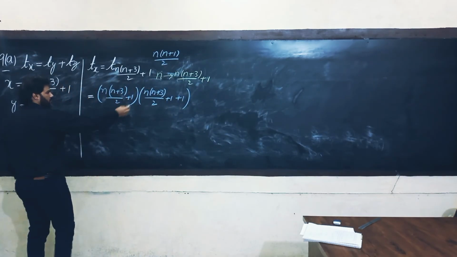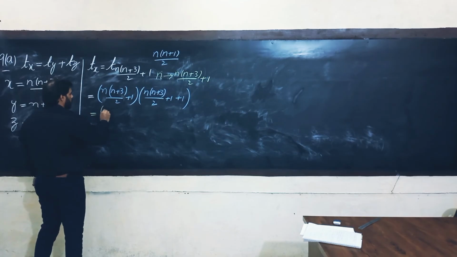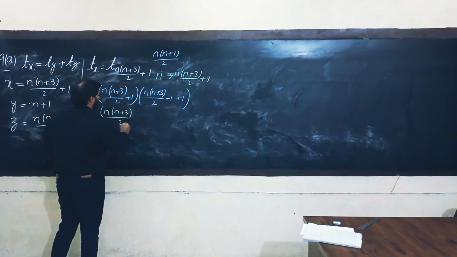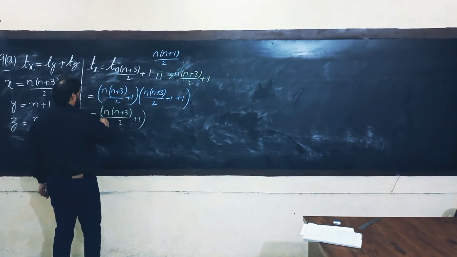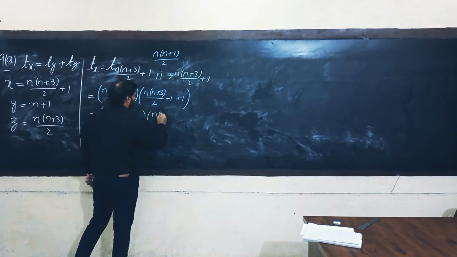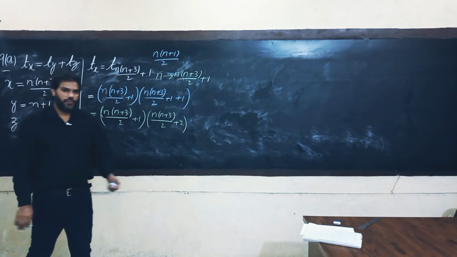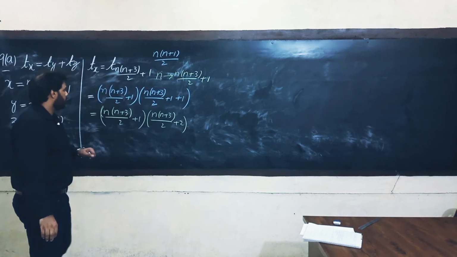This is simply equal to n into n plus 3 over 2 plus 1, n into n plus 3 over 2 plus 2.